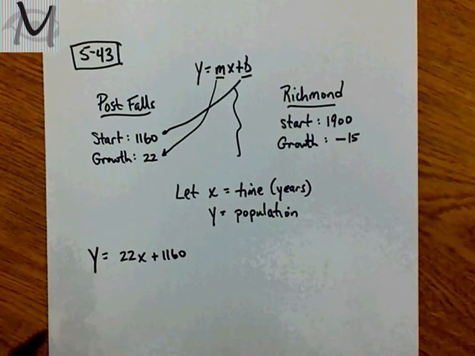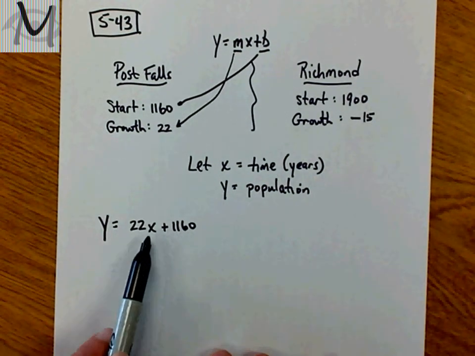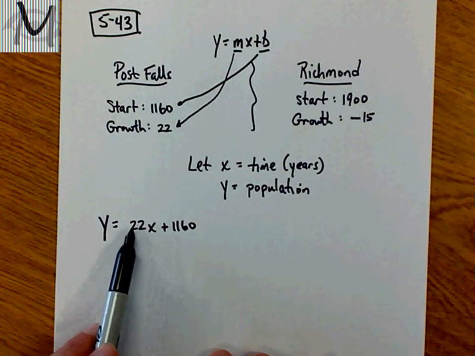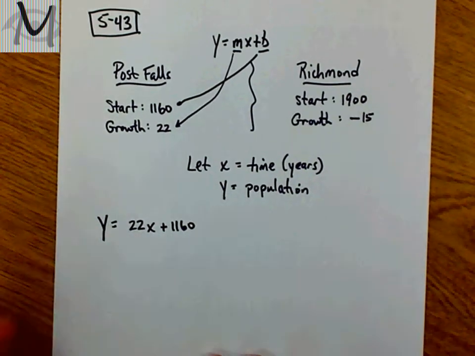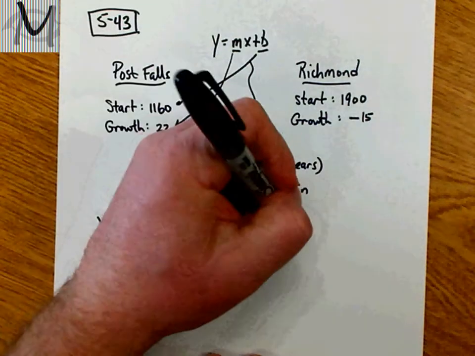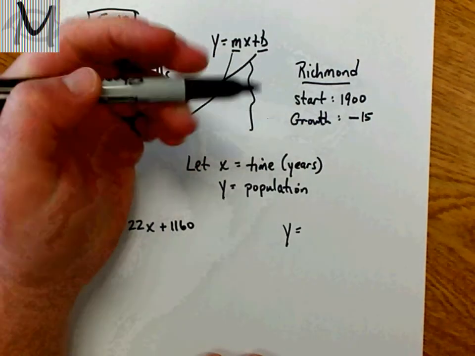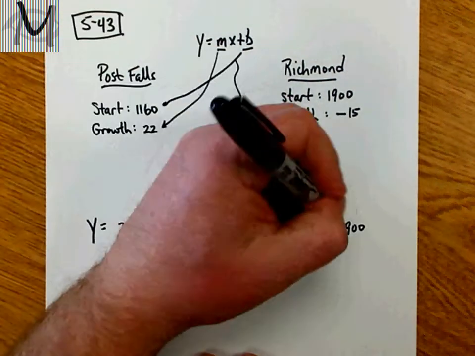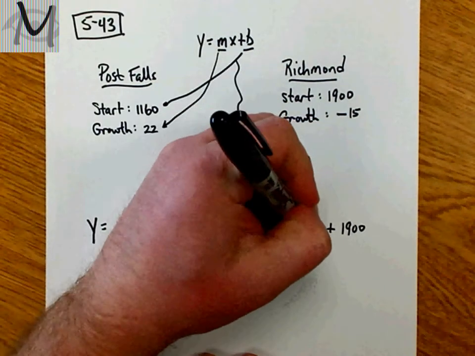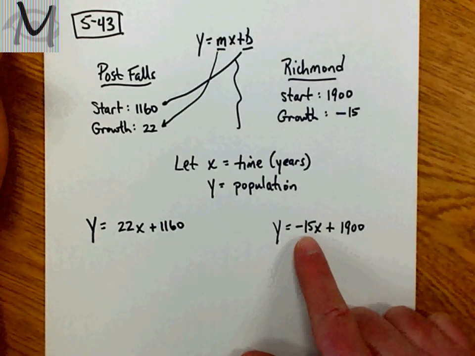The way this reads is we start out with 1,160 students, and every year we add another group of 22 students. Richmond, this one's different. The starting amount here is 1,900, but added to that is negative 15x because the growth is negative, they're shrinking.